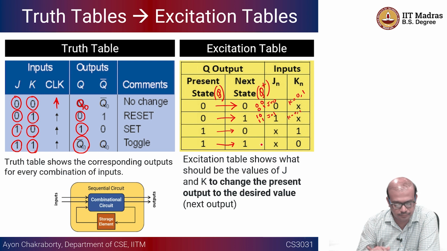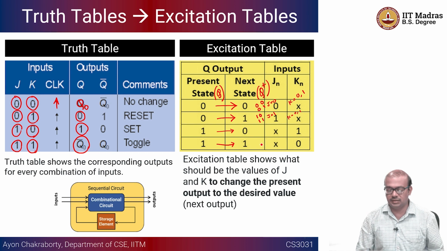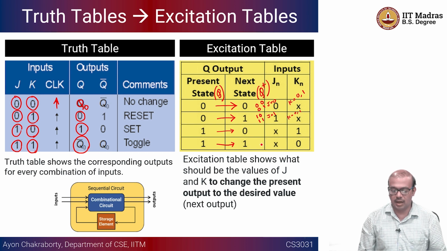Setting the circuit is 1, 0, or you can say toggling, which is 1, 1. So this is about the excitation table. You have to use this excitation table in order to design various circuits that we are going to build using the JK flip-flop.